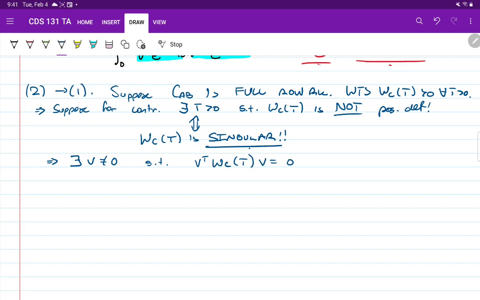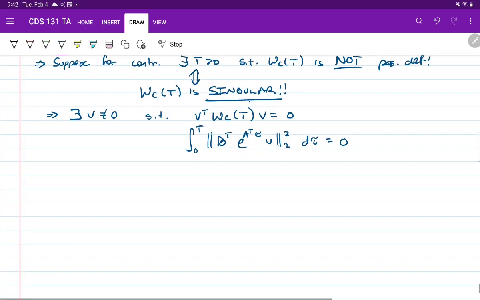times v equals 0. If we perform a little bit of computation, we could show that this is equivalent to the integral from 0 to t of the 2-norm squared of v transpose e to the A tau times B, d tau, being equal to 0, right? We just go ahead and plug in this matrix.